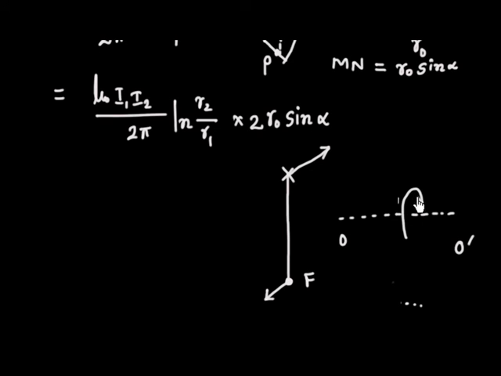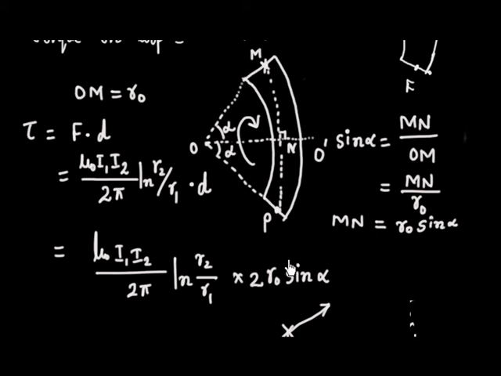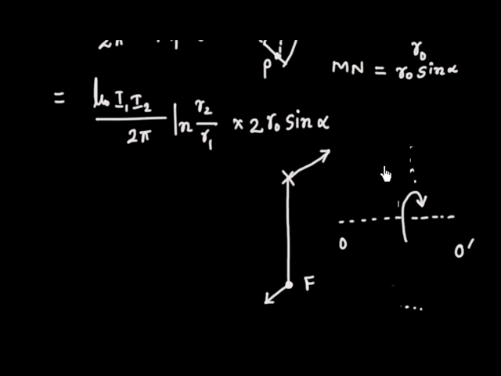So this torque is trying to rotate this loop something like this, about this axis O dash, which is the axis of rotation. And is it clockwise or anti-clockwise? This is clockwise.